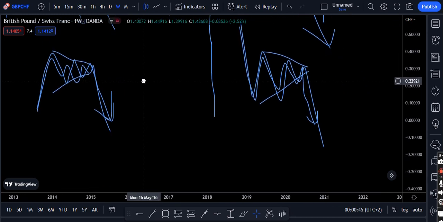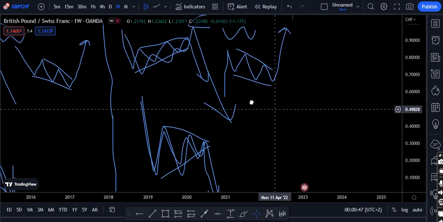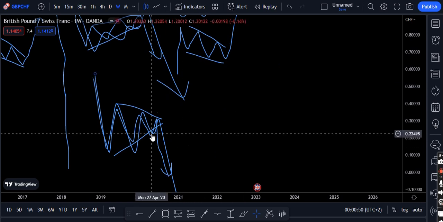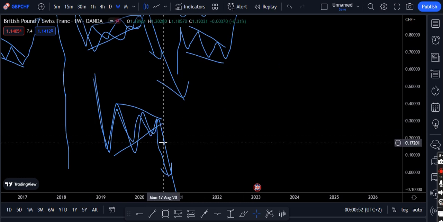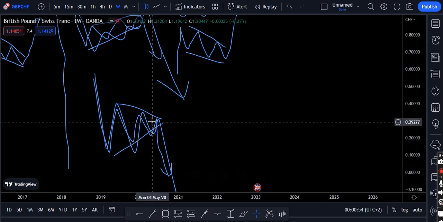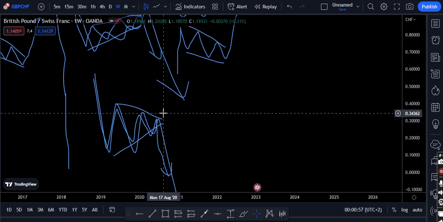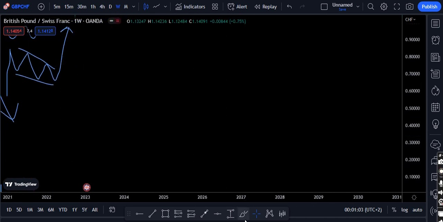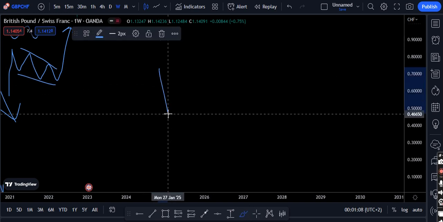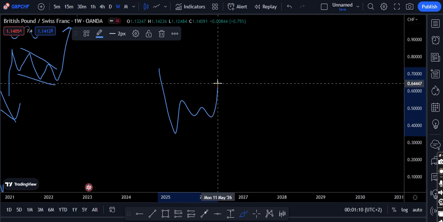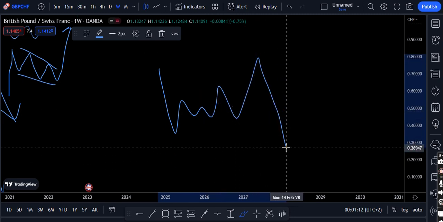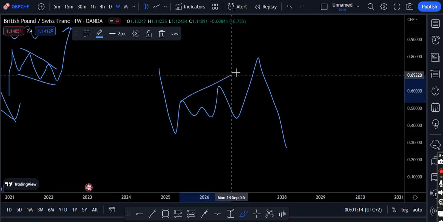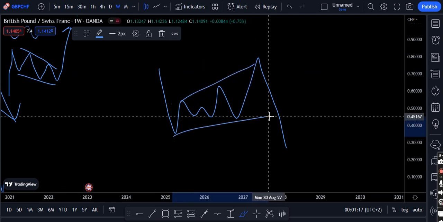All right. So on the symmetrical, it depends on how it breaks. If it breaks to the downside, we're going to look for sells. If it breaks to the upside, we're going to look for the buys. All right. On the expanding channels, always take advantage when it reaches the touch.